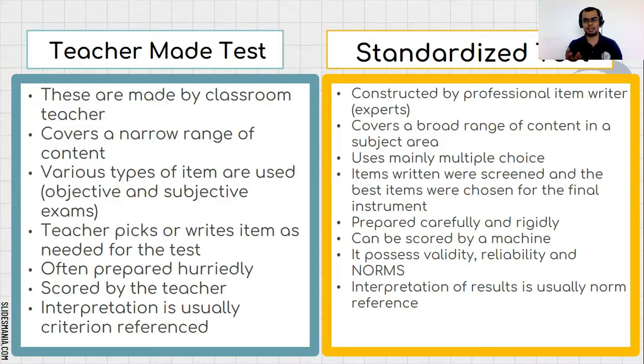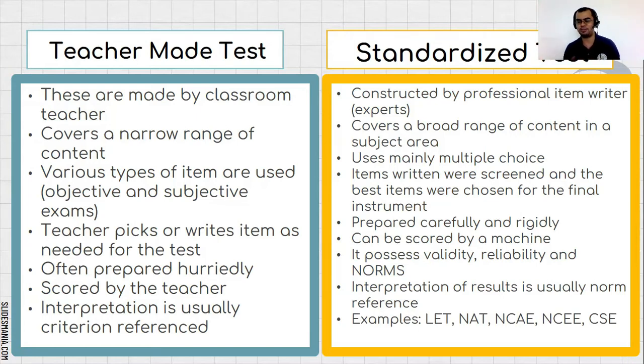Those students who pass, their scores will be ranked from highest to lowest. That is how we identify the top-notchers. Examples are the LET exam, National Achievement Test, NCAE, NCEE, and CSE. And there are other forms of standardized tests we can take.